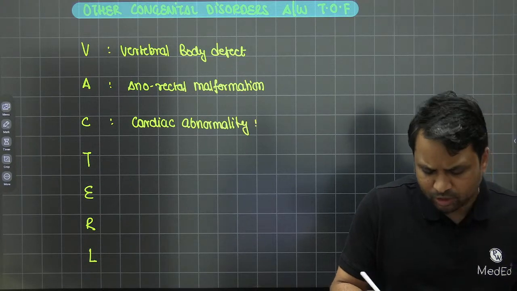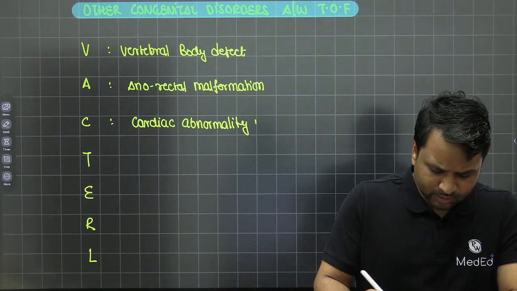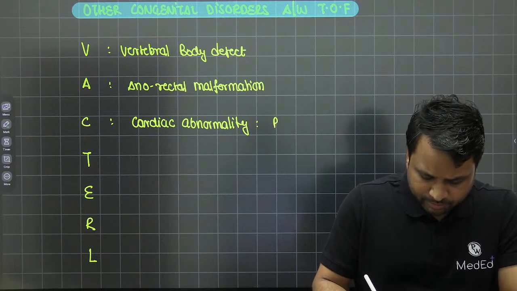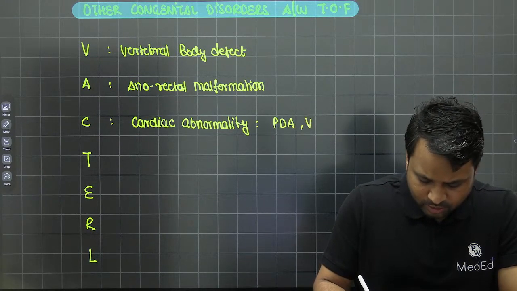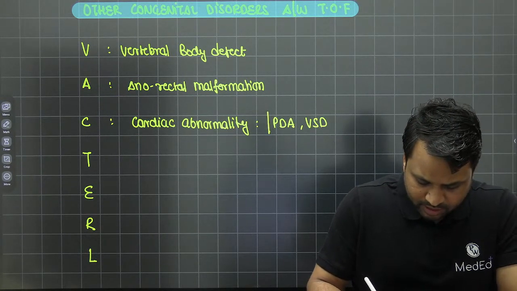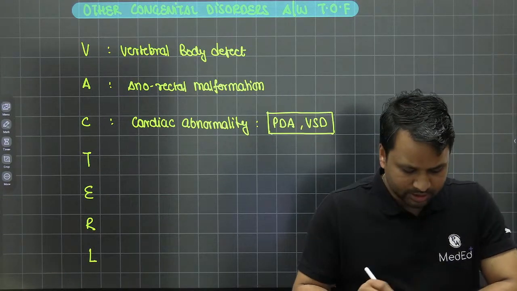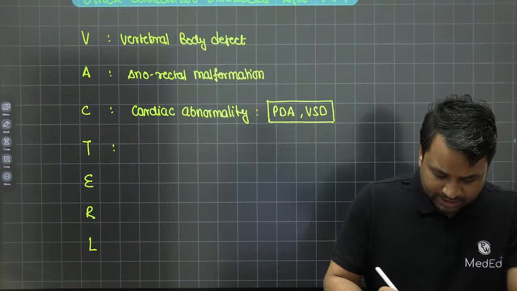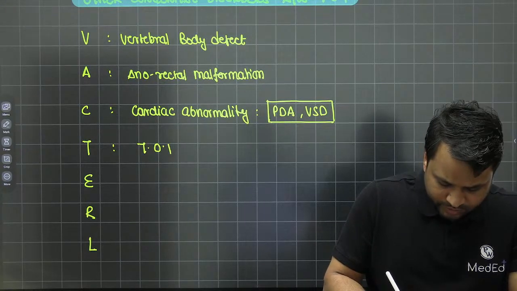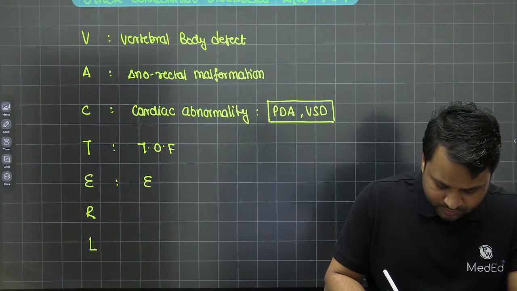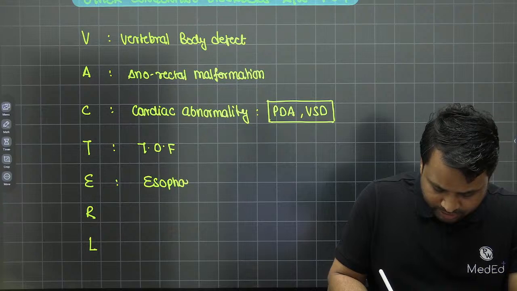The common cardiac abnormalities that you will come across here are patent ductus arteriosus or ventricular septal defect. The PDA or the VSD are the usual disorders that you will see. T stands for tracheoesophageal fistula and E stands for esophageal atresia.